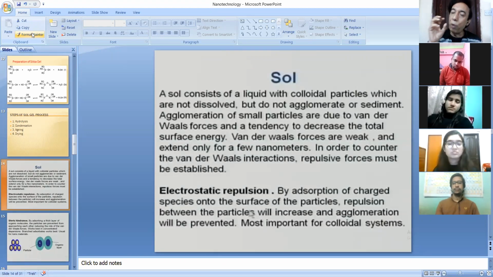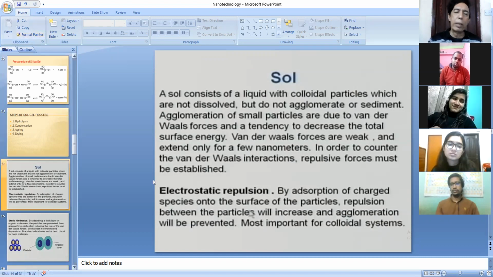So sol production is very much important here. If you are not able to produce sol in any solution, then you will not actually get the nanomaterial at all.